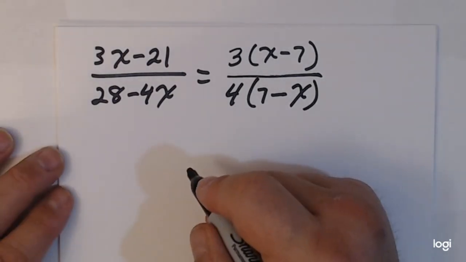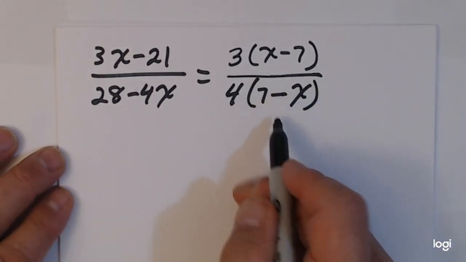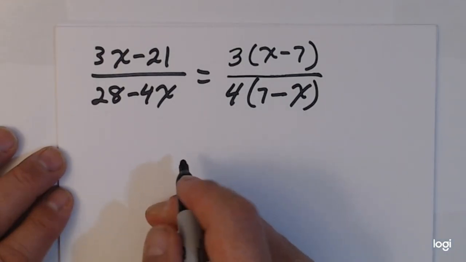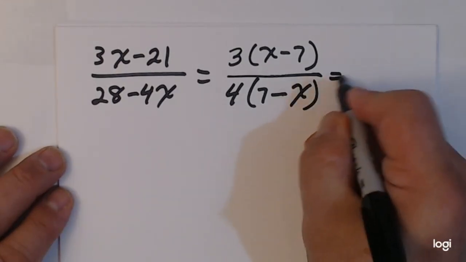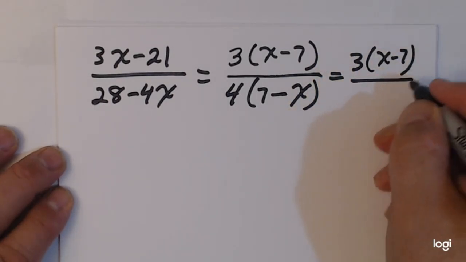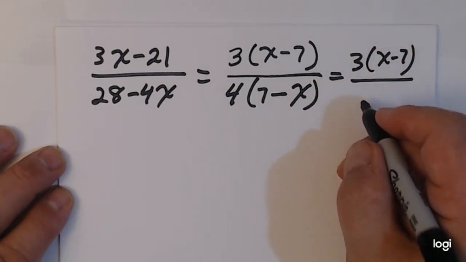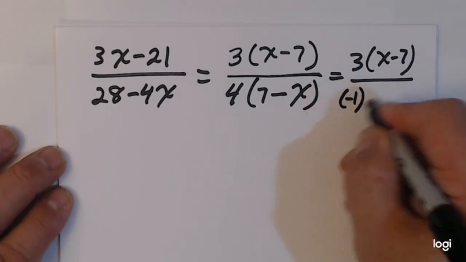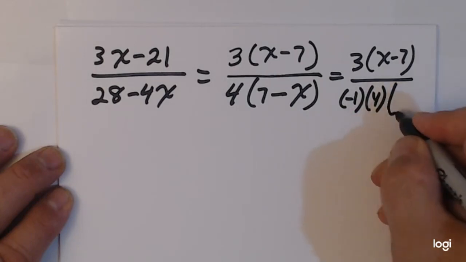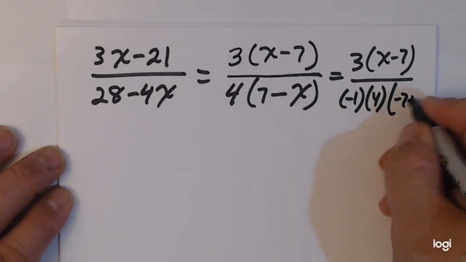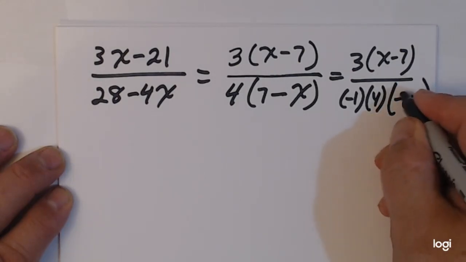Okay, so we've got this thing again where we need to switch around the terms. So this is 3 times x minus 7. We're going to factor out a negative 1 here. So we've got negative 1 times 4, negative 1 times negative 7, and negative 1 times plus x.